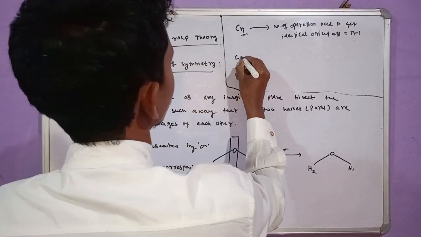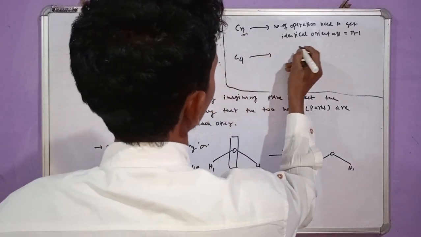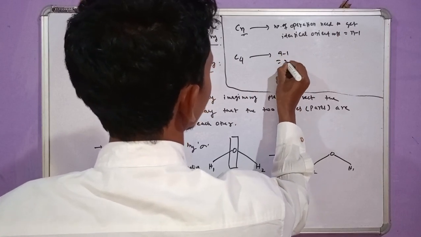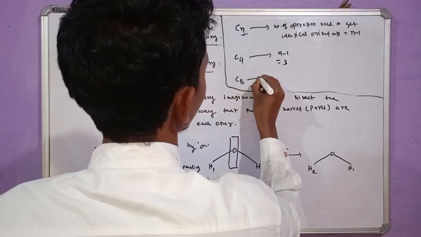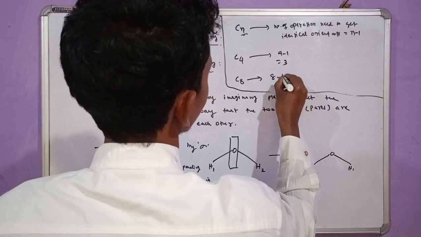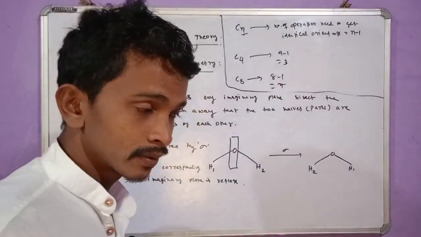Suppose this is C4, then the number of operations needed to get identical orientation is 4 minus 1, that is 3. If this is C8, then it is 8 minus 1, that is 7 operations we needed.